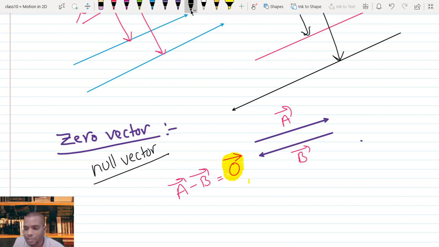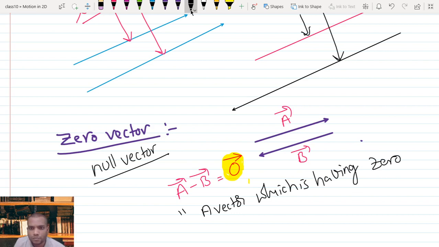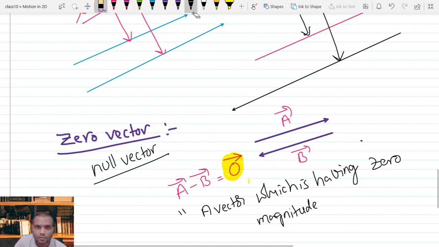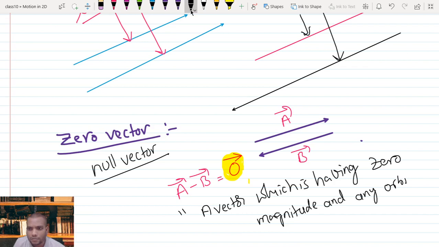A vector which has 0 magnitude and any arbitrary direction is known as a zero vector.